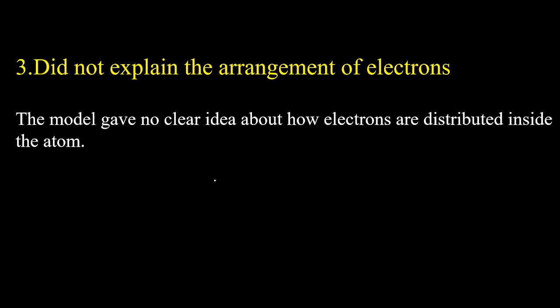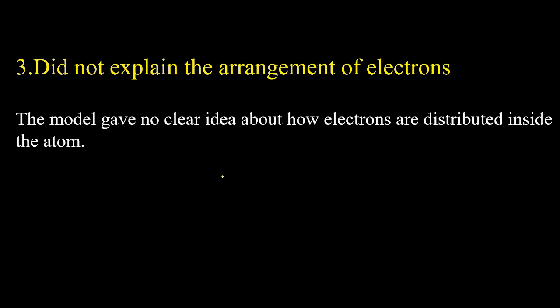Later, in the alpha particle scattering experiment of Rutherford, we knew that electrons have a specific region to stay inside the atom and revolve around the nucleus. That means from Rutherford's experiment, the positions of electrons are properly explained. But J.J. Thomson's atomic model could not explain the arrangement of electrons inside the atom.